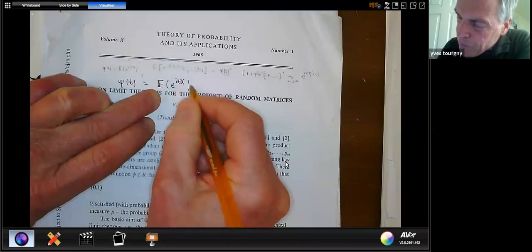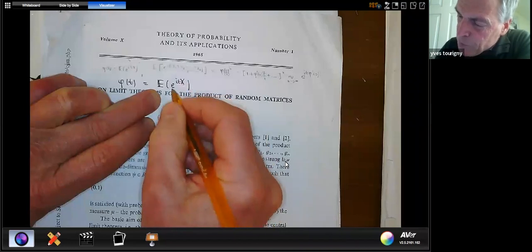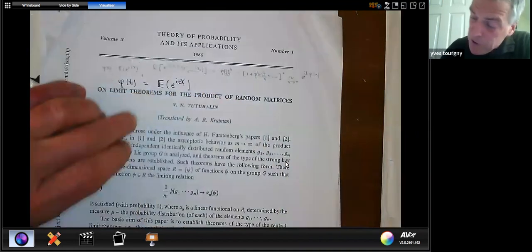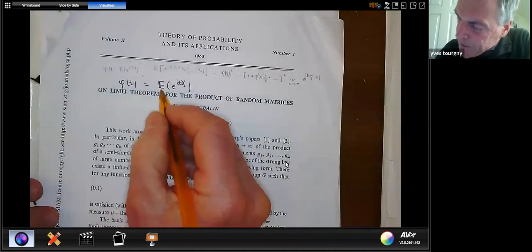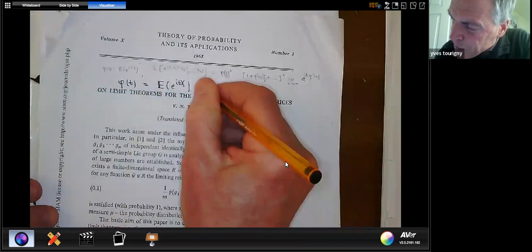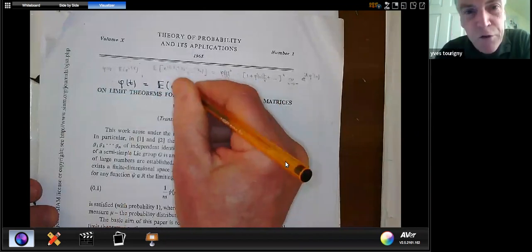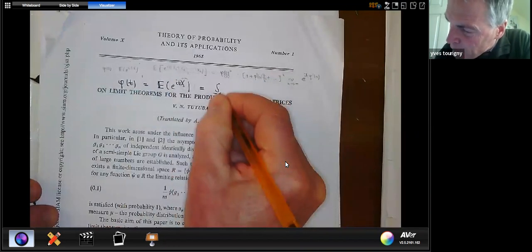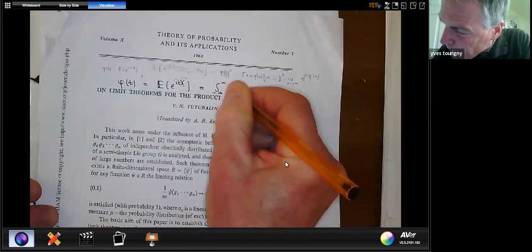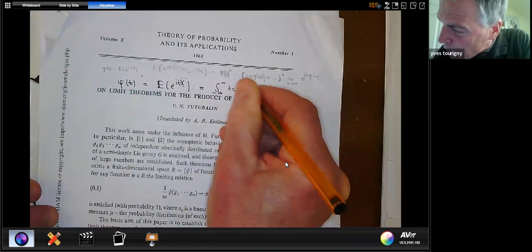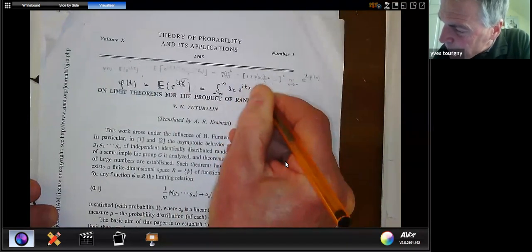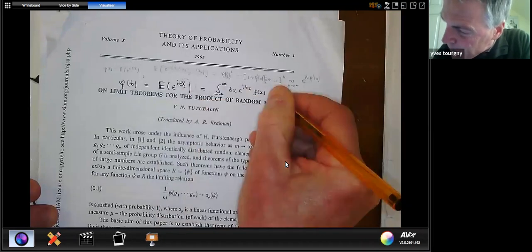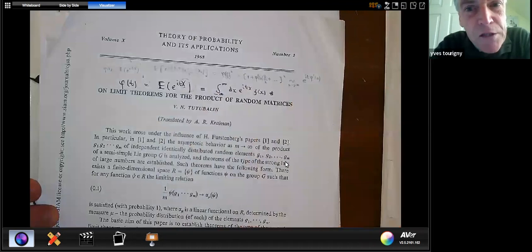And if you wanted to prove the central limit theorem, essentially you'd be working with this characteristic function. I'm not going to say much more about it, just to note that essentially what we have here is a sort of Fourier transform of the probability density function of this random variable. So we could write this like this. And so if f of x is the probability density function of the random variable big X, it's simply a Fourier transform of the density function.